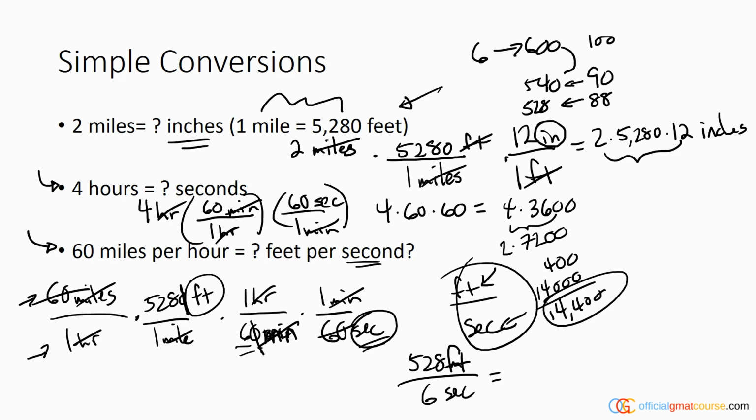So I went up to 600, and then I just worked backwards in increments. I removed 60, and then I removed 12, and so I removed 2. Here I removed 10 times 6. So anyways, this should come out to 88 feet per 1 second, if I did my math right there.